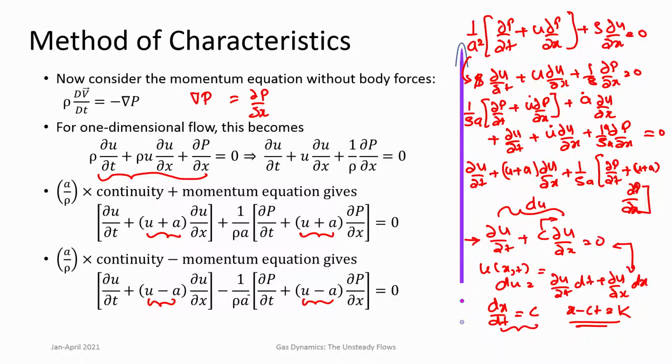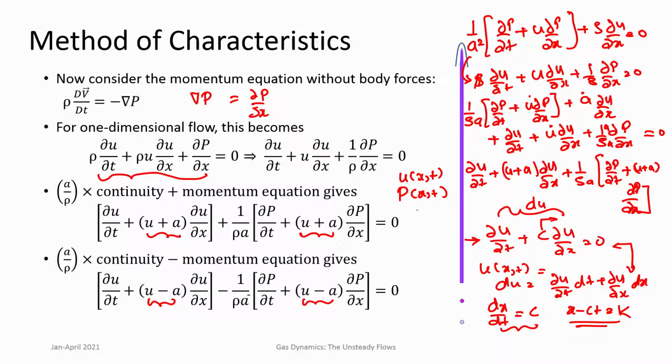You can take the same principles here and come back to this problem that we have, which is more involved. You have both u and p, both functions of space and time, x and t. But you look at these equations, you have a similar form, you have u plus a here.